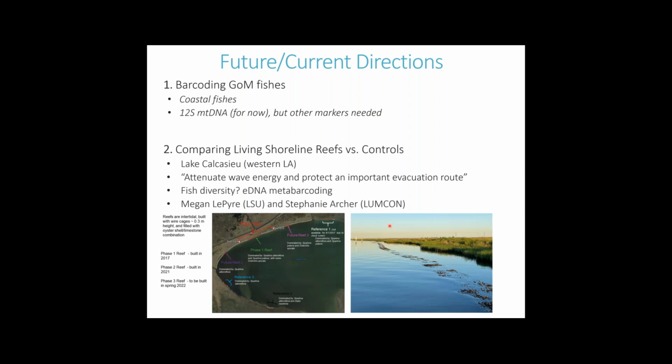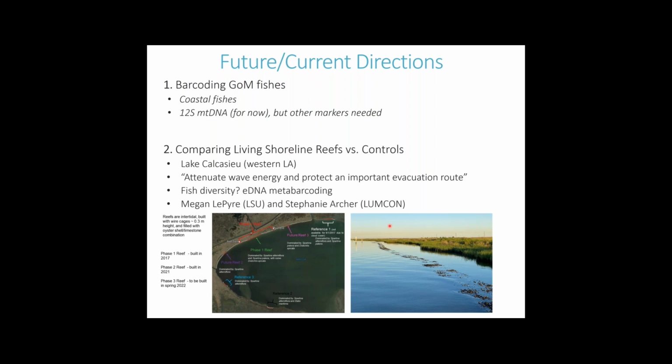Most recently, we started to compare fish assemblages on living shoreline reefs versus controls. We're doing this in Lake Calcasieu in western Louisiana in collaboration with Megan LaPeyre at LSU and Stephanie Archer at LUMCON.